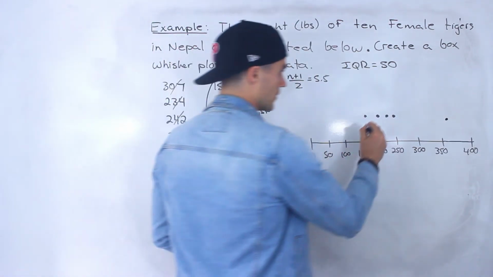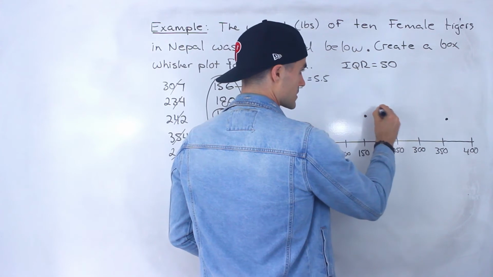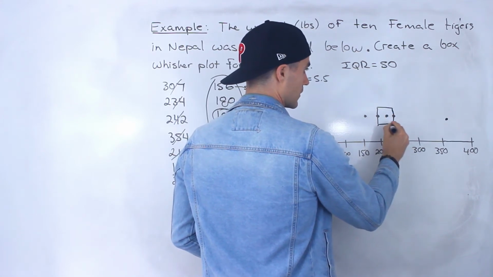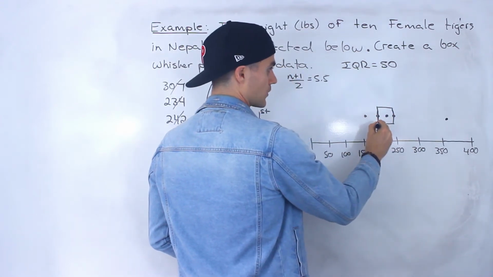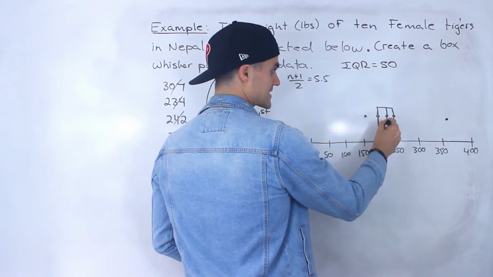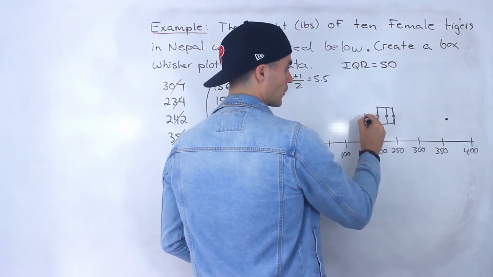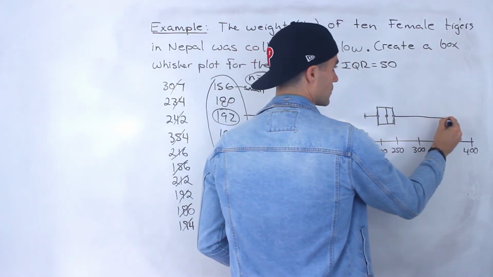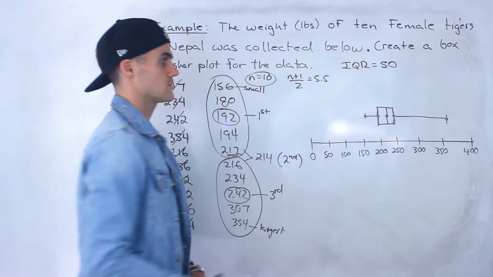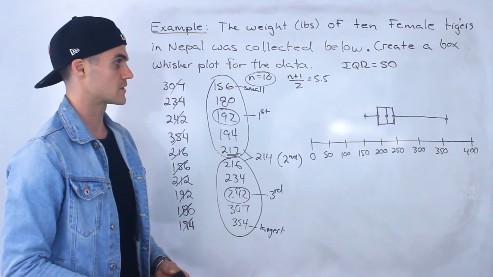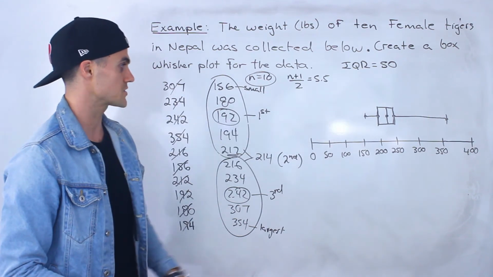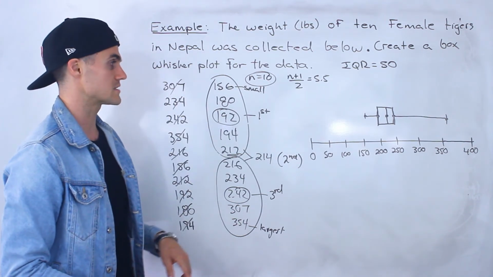Okay, so we have to draw a box with lines going through that first quartile, that second quartile, or the median, and then the third quartile, and then whiskers out to the smallest value, and then to the largest value. So that there is the Box-Whisker plot for this data.